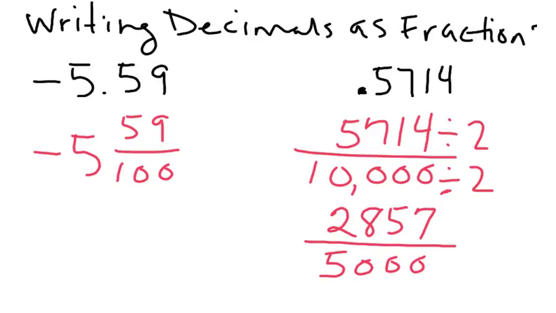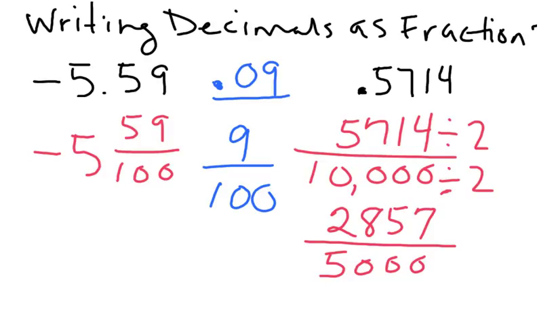Let's try one more. What if it was 0.09? What would that be as a fraction? Well, the 9 goes on top, and underneath goes 100. Why 100? Because that's 9/100ths, isn't it?